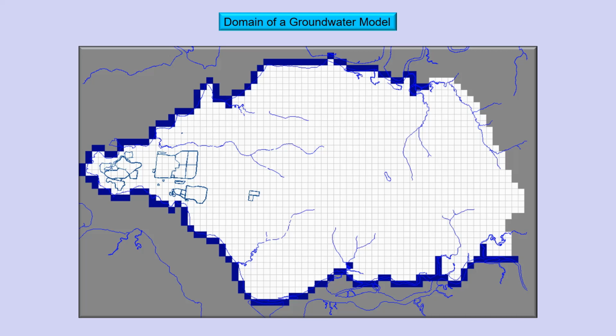So in giving properties to our model, we have to come up with a value of hydraulic conductivity in each cell. In cell I, we have to come up with a Ki, hydraulic conductivity in cell I. In cell J, the same applies, and throughout the model domain.